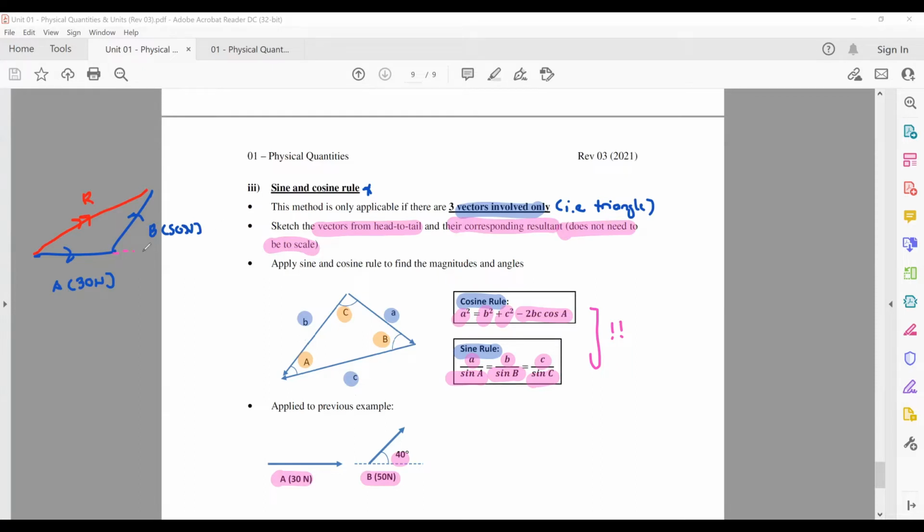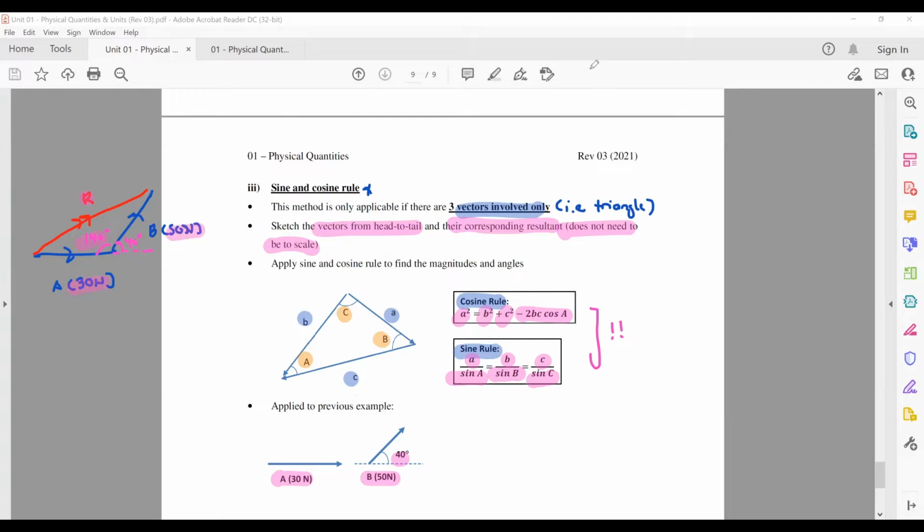Now, since you already said that this one is 40 degrees, the angle inside here would be 140 degrees. From here, you already have enough information to find R using cosine rule because I want to find R, I know the angle opposite to it, and I know the other two sides.